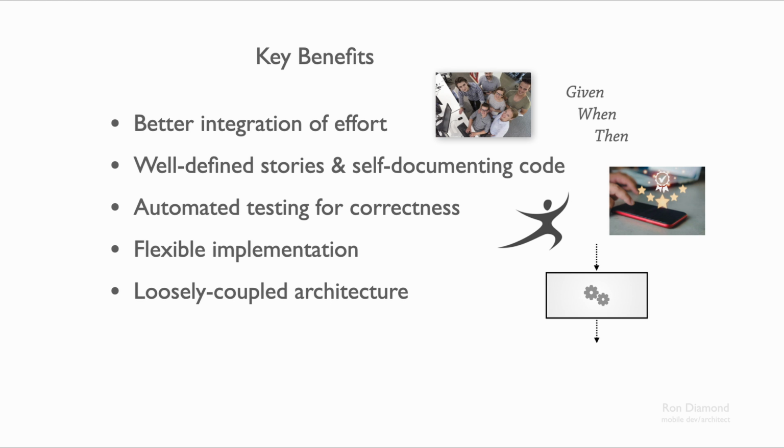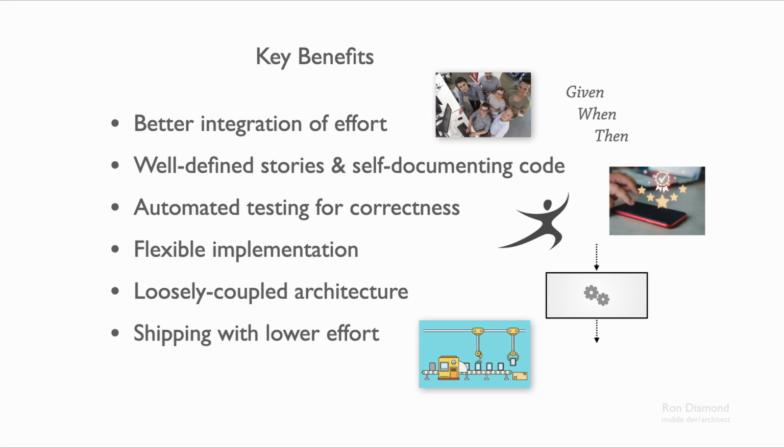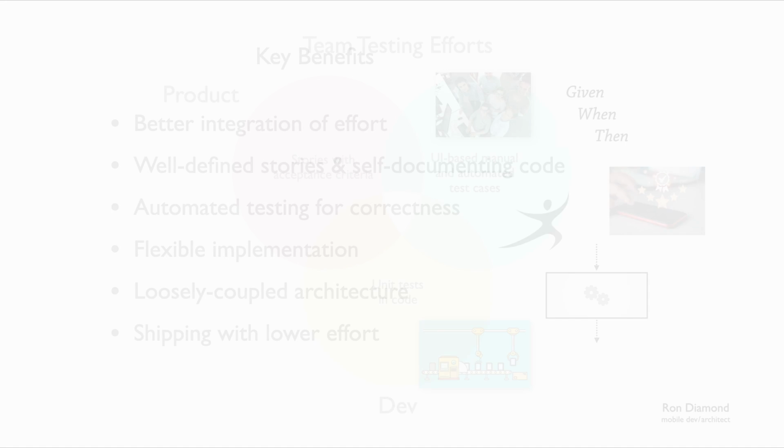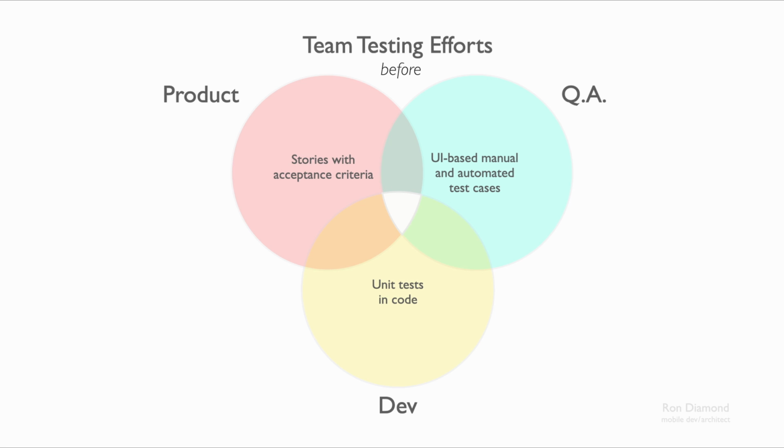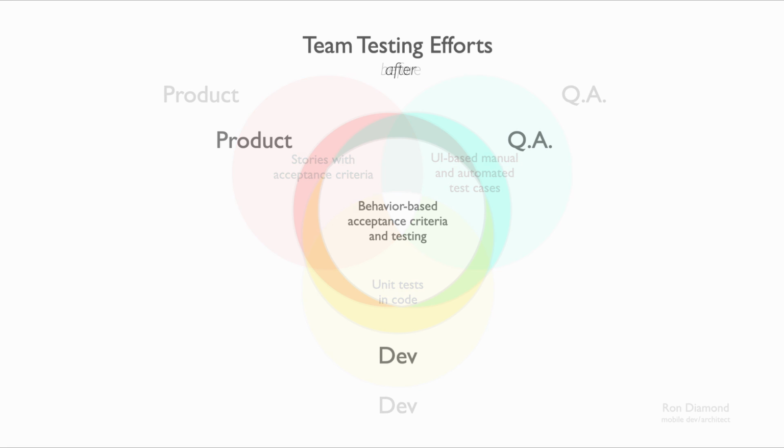And that also means decoupling from the UI, so we can adapt our user-facing designs as needed. And with all these improvements, we get that much closer to the ideal of, when the tests pass, we ship. And finally, here's a picture of what our testing efforts looked like before these changes, and now what we have to look forward to for our future development.